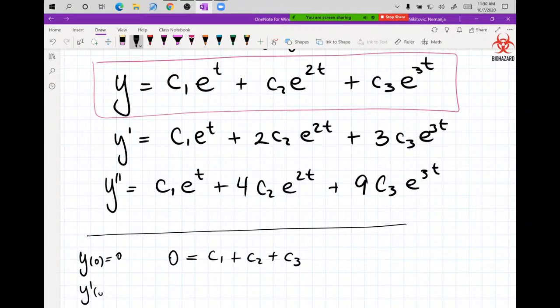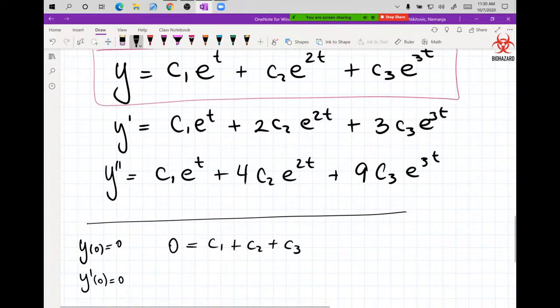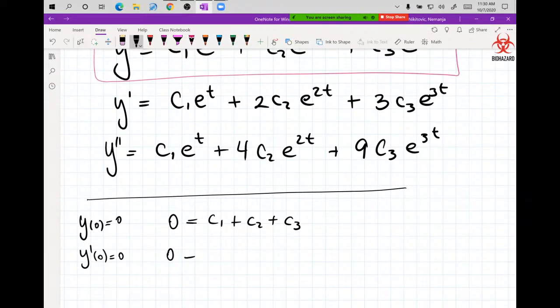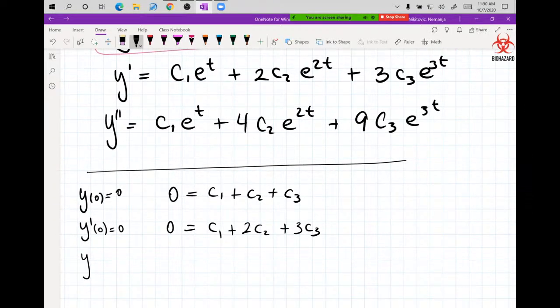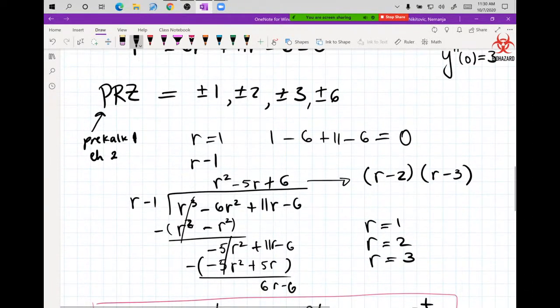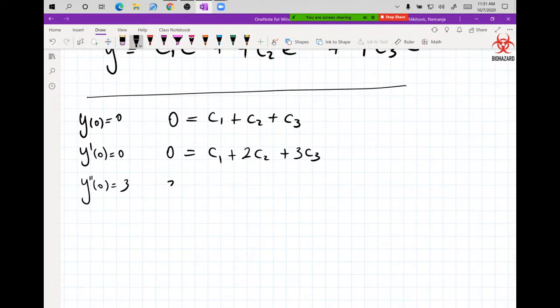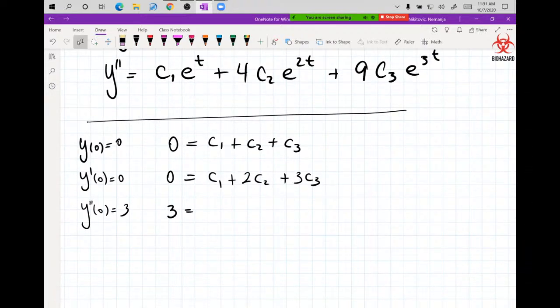The second initial condition goes into the derivative, and this is where we have that 0 is equal to C1 plus 2C2 plus 3C3. And finally, the last initial condition, if I remember, was equal to 3, right? Yep, equal to 3. So 3 equals C1 plus 4C2 plus 9C3.